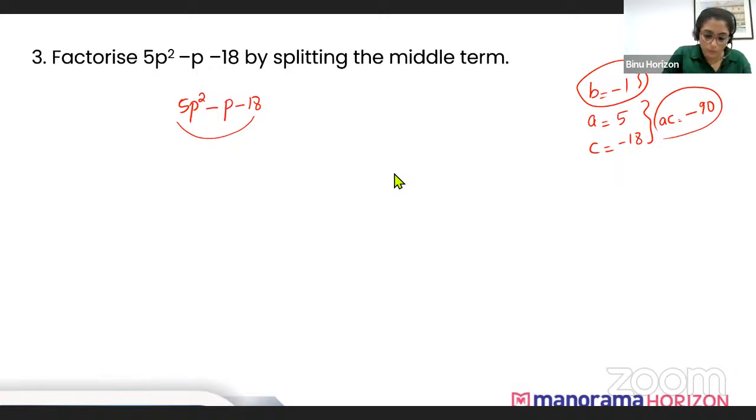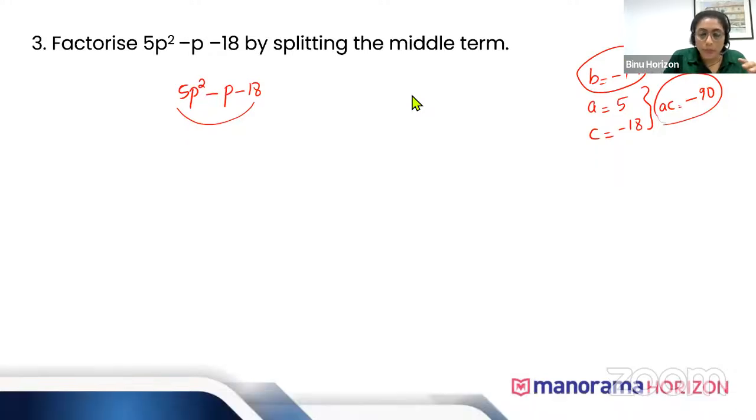Okay, so what is this ac? The product of the terms. So I have taken 5 and minus 18, the first term and the last, the constant term along with the minus. 5 into minus 18, you get ac is equal to minus 90. And your middle term is minus 1. So now you have to take different combinations.